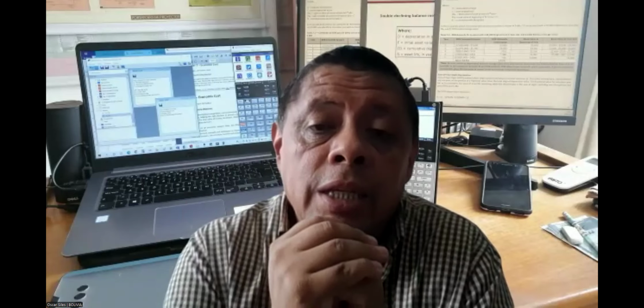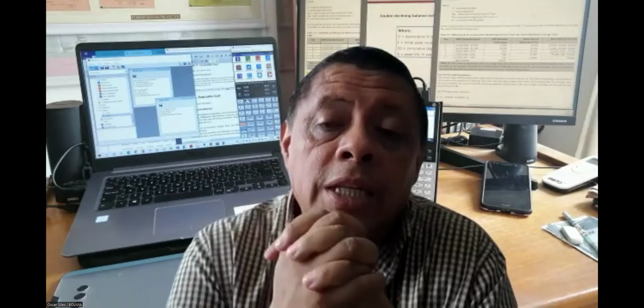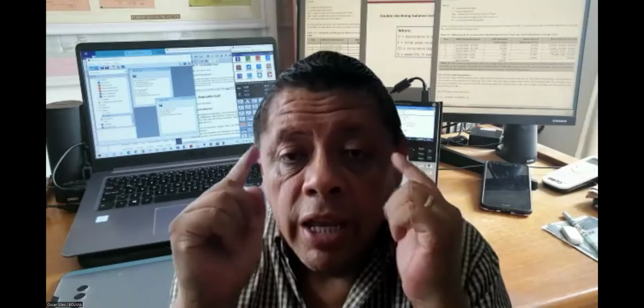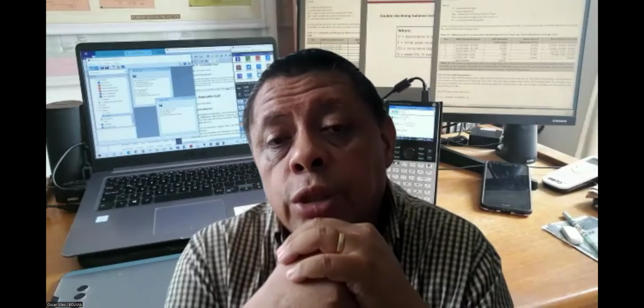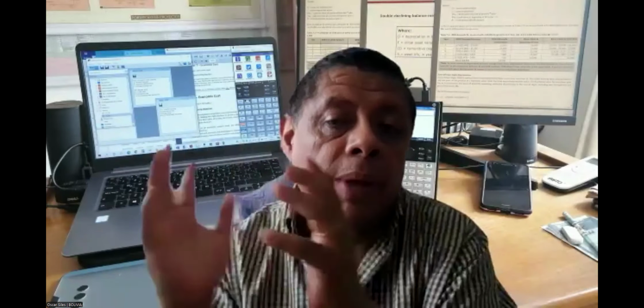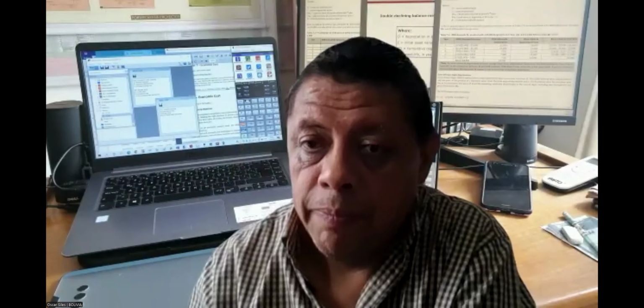Up to this moment, this tool, this model, is very useful in the engineering studies phase. For example, conceptual engineering and basic engineering, because the model helps us to visualize many alternatives of the viability of the project.